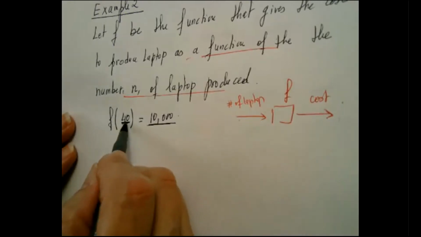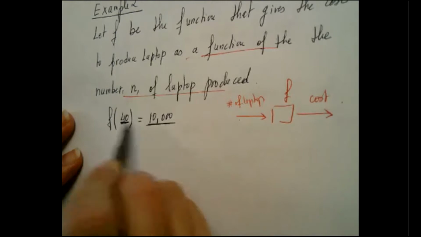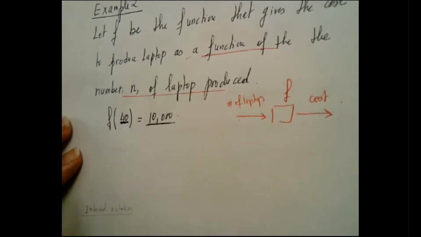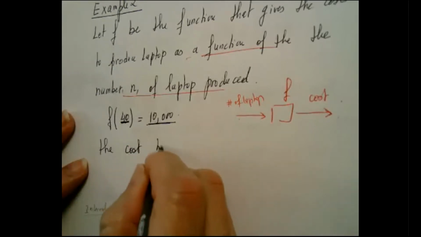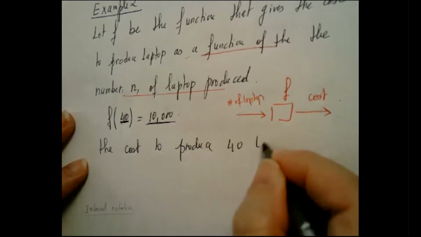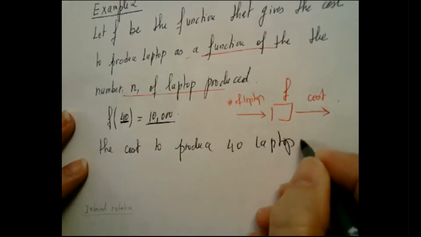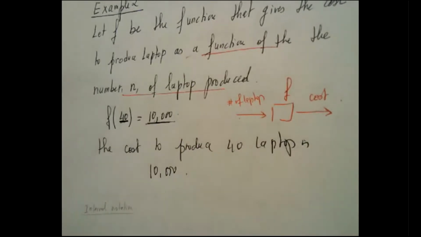So 40 represents the number of laptops, and 10,000 is the cost to produce the laptops. As you wrote very well, the cost to produce 40 laptops is $10,000. So that's how we interpret that sentence.